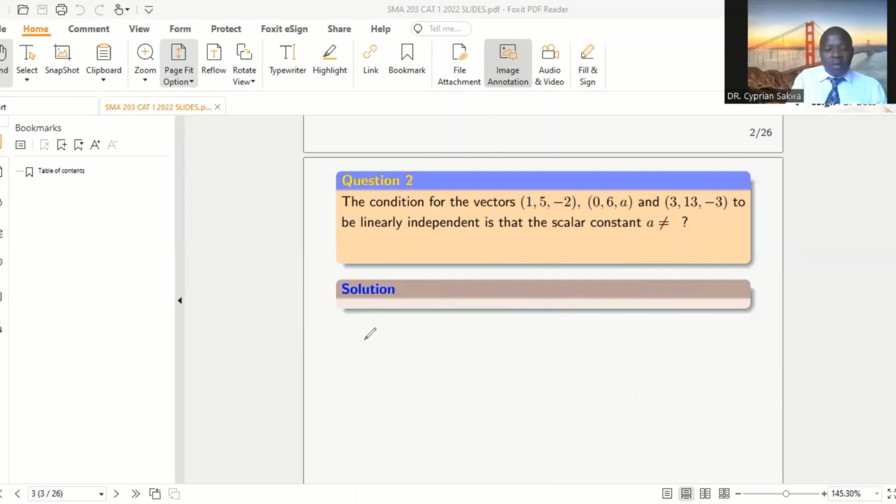Now, I said that we can also use determinants. How are we to use a determinant? So we write these vectors as a matrix. This is 1, 5, -2, you have 0, 6, a, then you have 3, 13, and -3. Now we know that for these vectors to be linearly independent, the determinant should not be equal to 0.